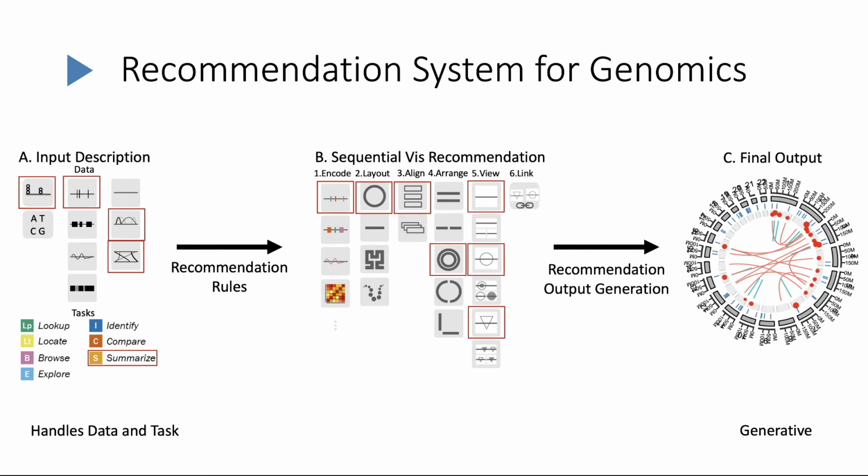Therefore, I was able to focus on the development of the recommendation system and bypass the process of curating design guidelines. In the current form, the genomic recommendation system accepts the data and task specification of the user and maps it to the different parts of the visualization taxonomy to identify an appropriate visualization output.